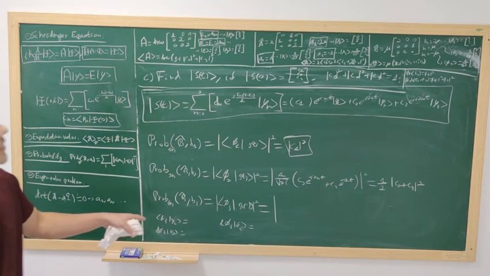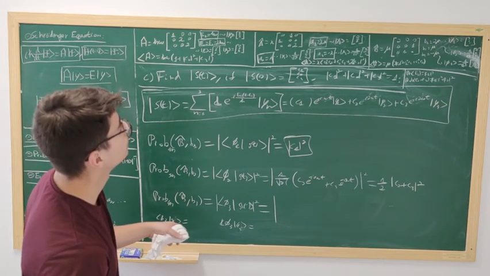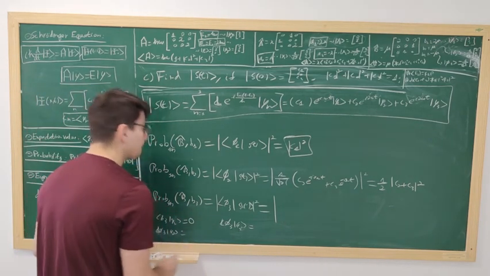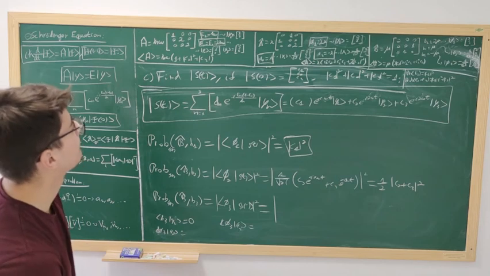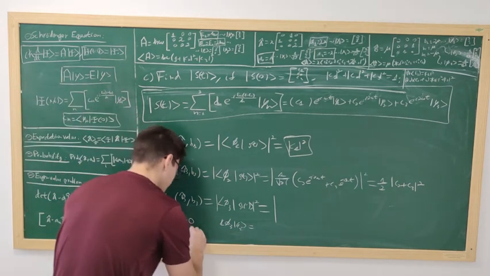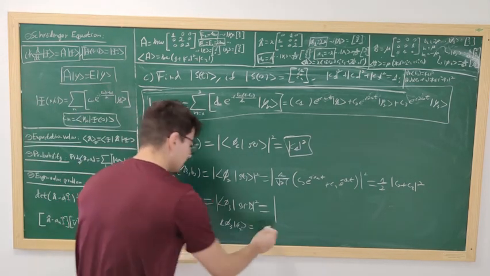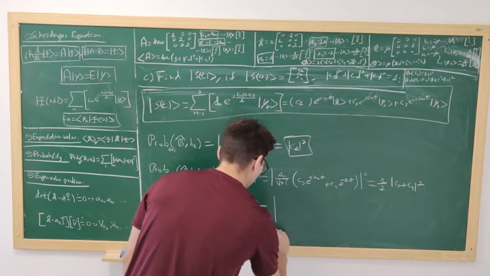This one gives us 0. This one gives us 1 over the square root of 2. And this one gives us minus 1 over the square root of 2.